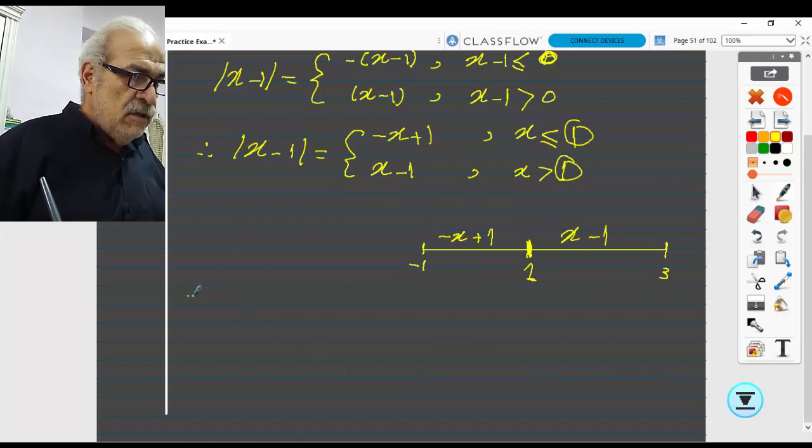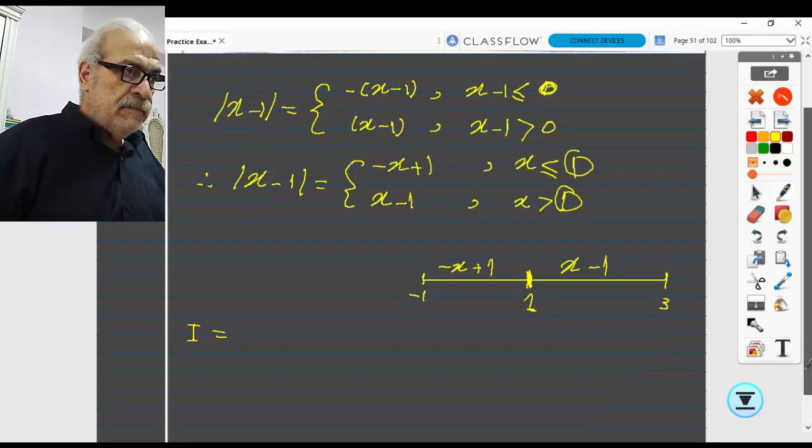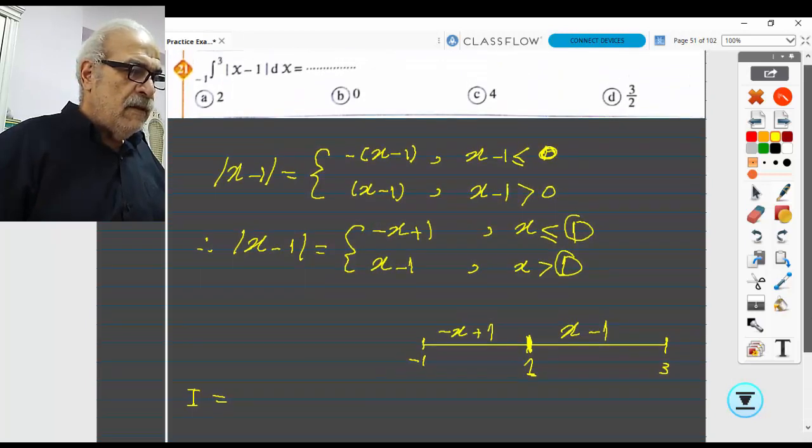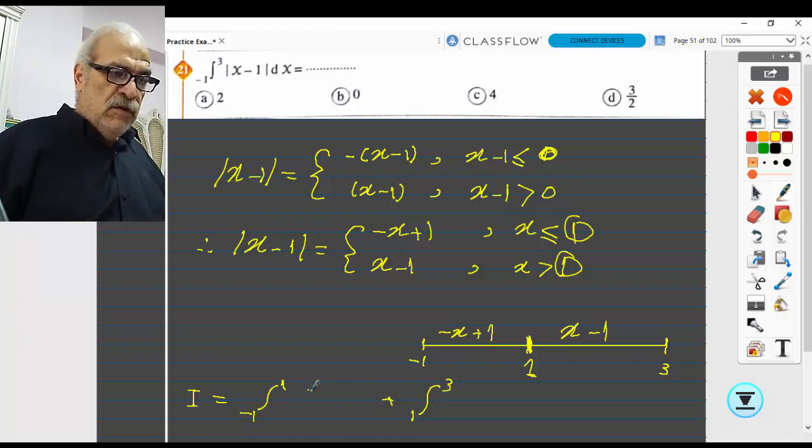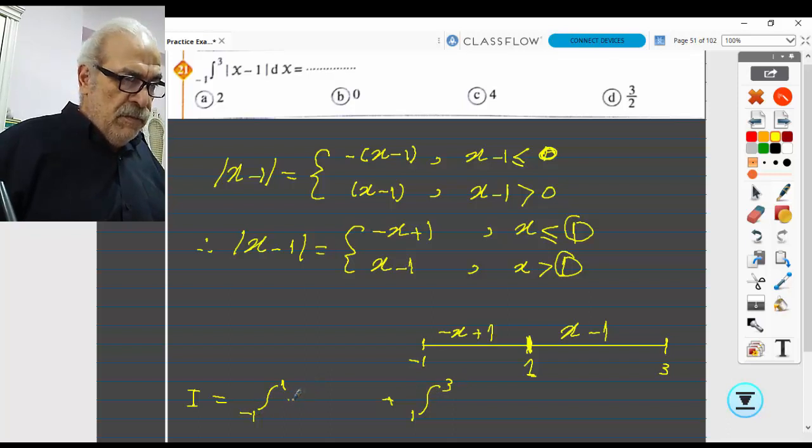So the integration equals the integration from negative 1 to 1 plus another integration from 1 to 3. From negative 1 to 1, the function will be in the form negative x plus 1, with respect to x.